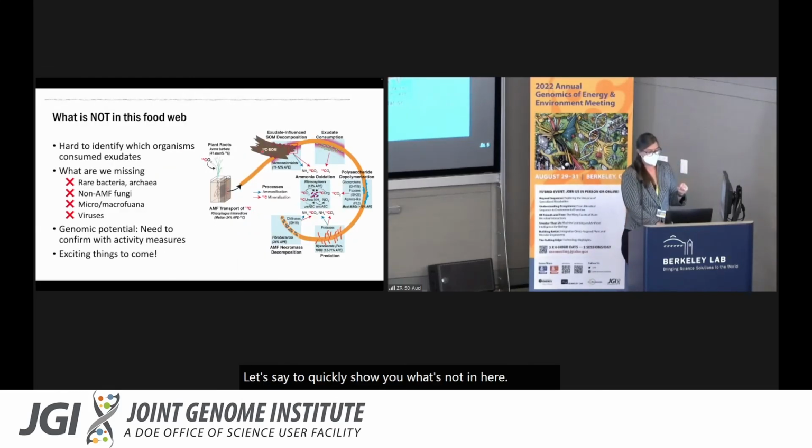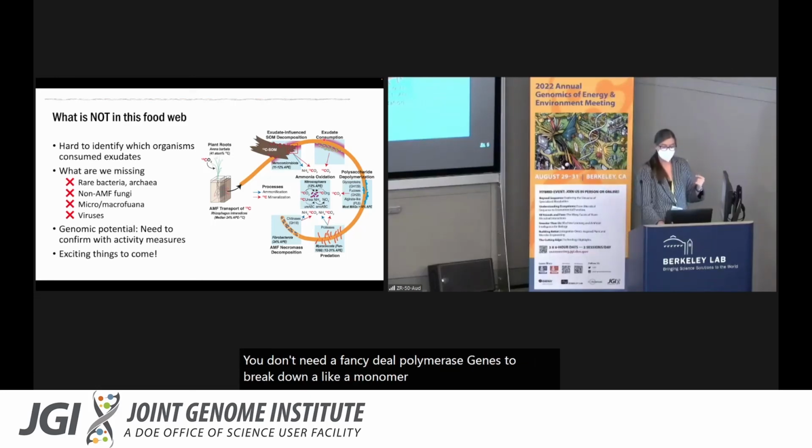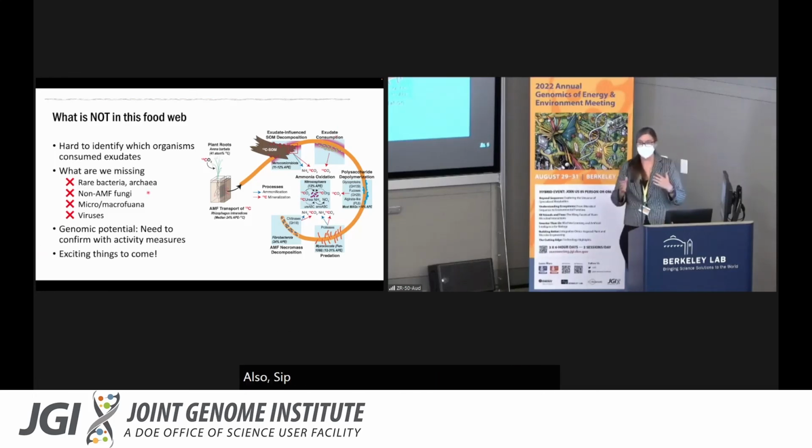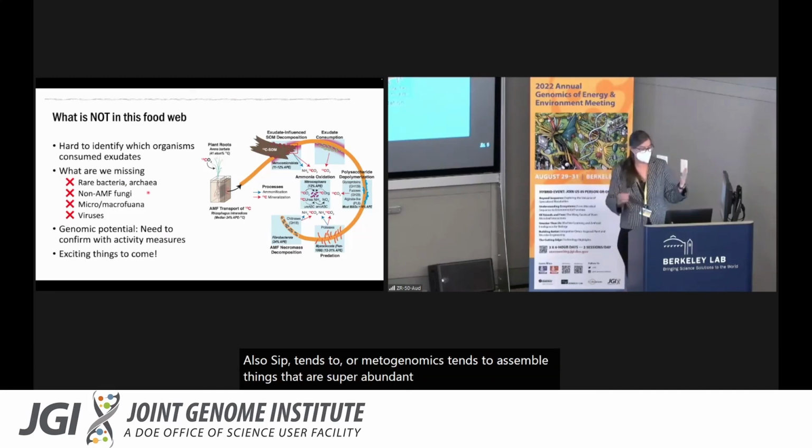Exudates are really hard to identify what's breaking those down. You don't need fancy depolymerase genes to break down a monomer. So doing something like metabolomics may be a better way to investigate that particular question. Also, SIP, or metagenomics, tends to assemble things that are super abundant and prokaryotic.